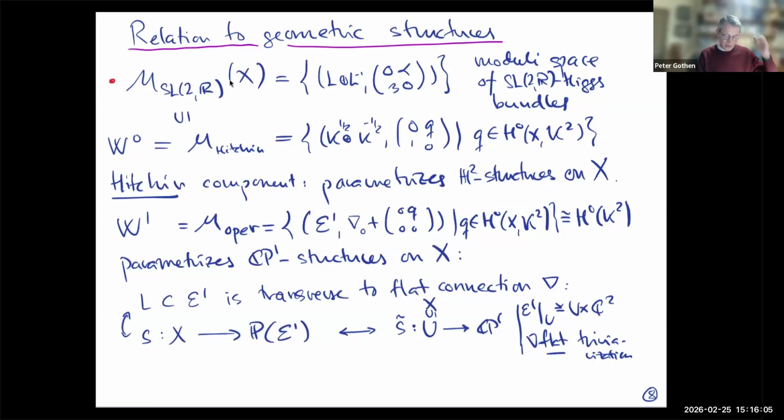So let's go to the relation to geometric structures.